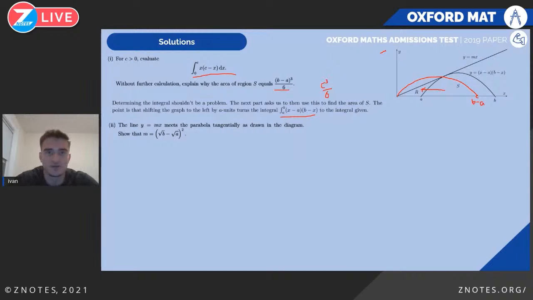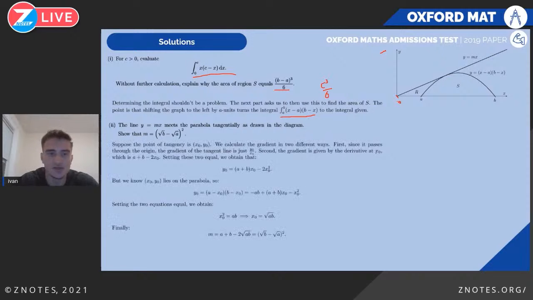So now the next question asks us to determine the line y equals mx, which meets the parabola tangentially as shown in the diagram and passes through 0, 0.